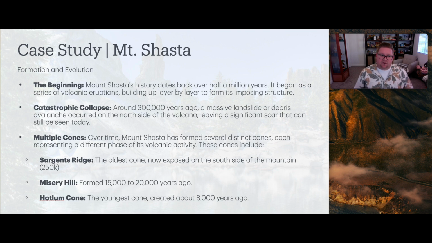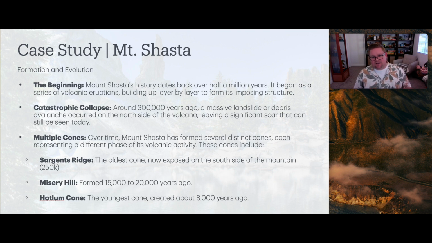There was what we consider a catastrophic collapse around 300,000 years ago. A massive landslide or debris avalanche occurred on the north side of the volcano, leaving a significant scar that can still be seen today.